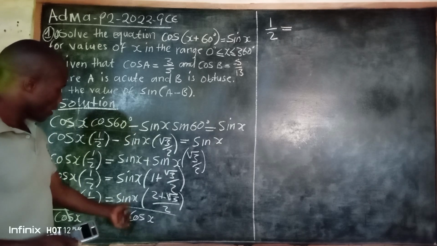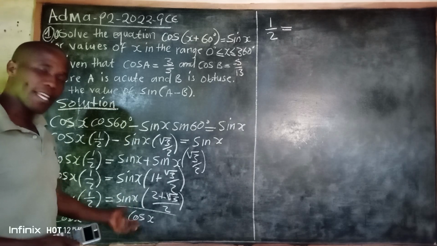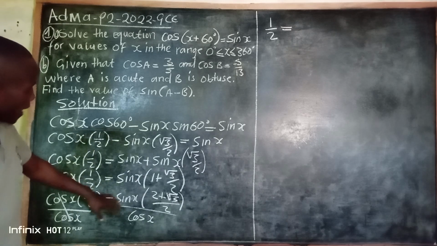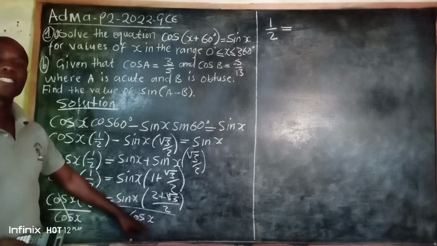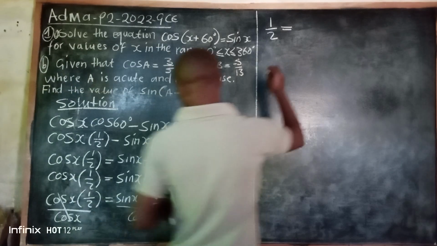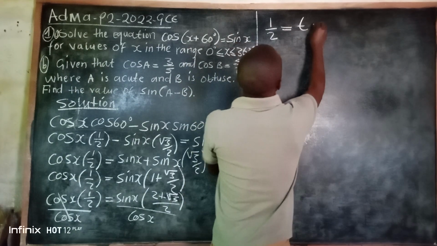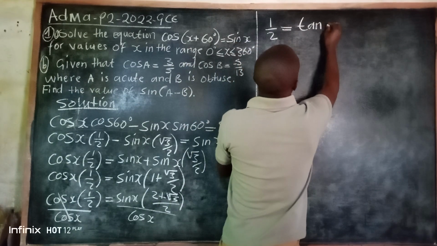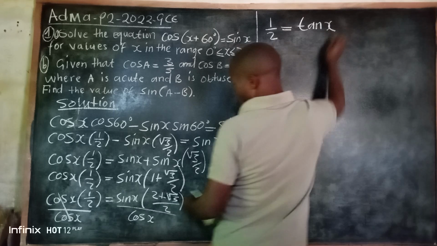So the quotient identity tells us that sin x over cos x is equal to tan x. So this time around we have tan x.